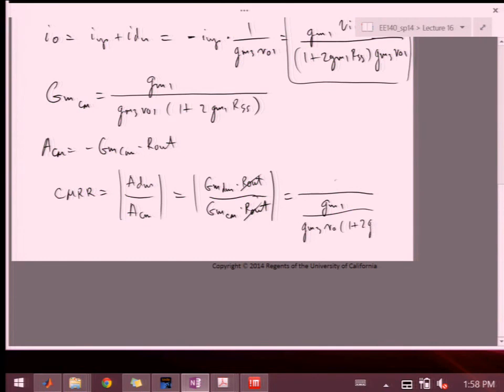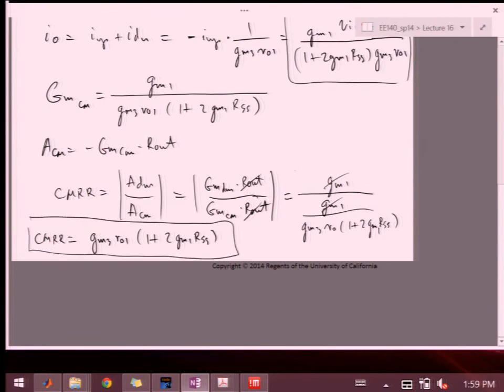This is just gm1, 1 plus 2 gm RSS. Right. So these two go away, and then your CMRR is really just gm3 ro1 times 1 plus 2 gm1 RSS.